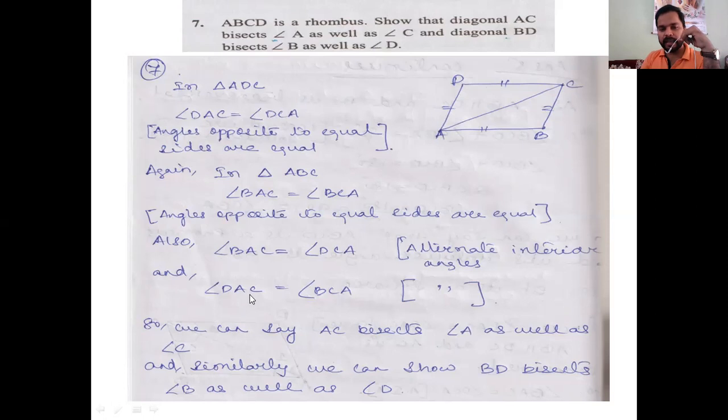But you see, DAC is also equal to BCA. So what you got from these four equations? 1, 2, 3, 4. That all the angles are equal to one another, which means we can say that AC bisects angle A as well as angle C. And if you want to show that it bisects angle B as well as D, then go for the same similar property. Just join BD, follow the same, you will get the result.